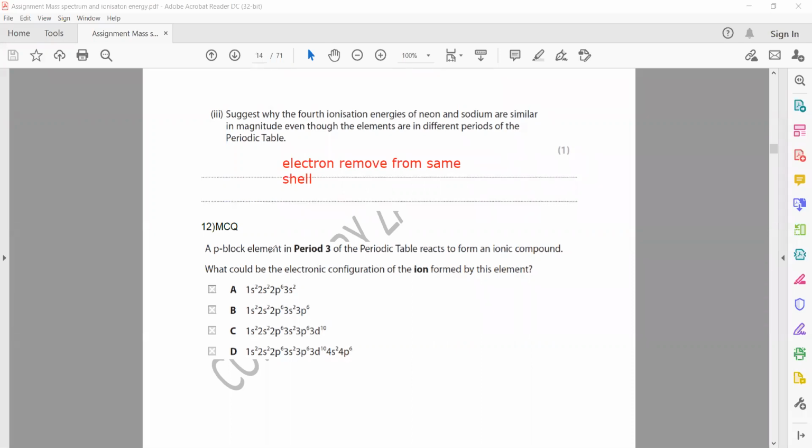In question 12, a p block element in period 3 reacts to form an ionic compound. What could be the electronic configuration of the ion?